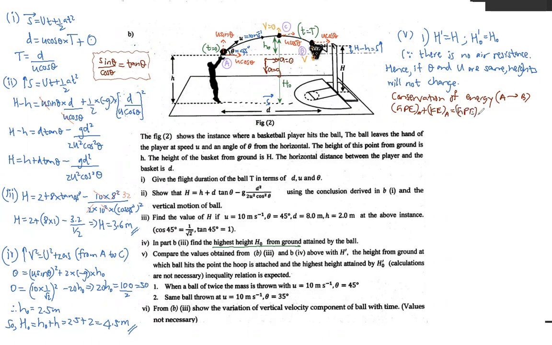I can't add anything else because we have ignored air resistance. Gravitational potential energy at A is mgh. Kinetic energy at A is half mu squared. Gravitational potential energy at B is mgh naught. Kinetic energy at B is half m u cos theta squared.